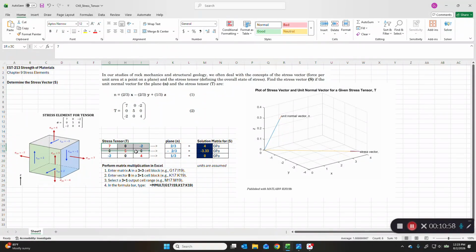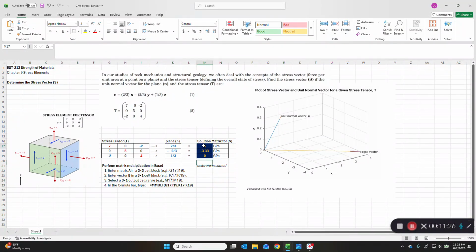So now, what do we do with these? You take this stress tensor and multiply by the plane vector, which is a 3 by 1. You're entering matrix A in this cell block, 3 by 3, and vector B in this column, and then you're selecting an output range, which is just this column over here, M17 through M19.